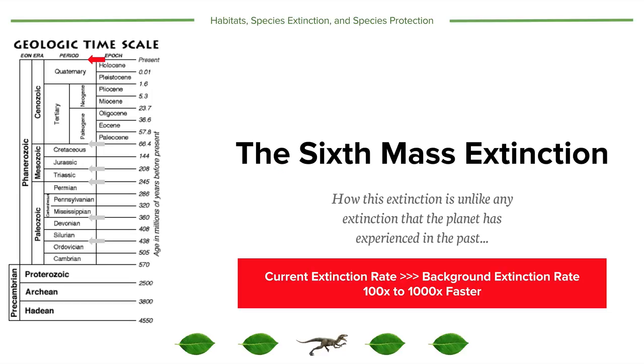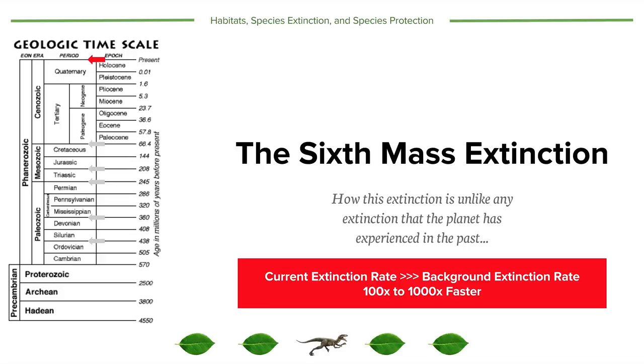Now let's move on to mass extinction. We spend quite a lot of time talking about extinction. Currently we are saying that we have our sixth mass extinction caused by humans, and we are so alarmed by the current mass extinction because the current extinction rate is a lot faster than the background extinction rate. It's about 100 times to 1,000 times faster.